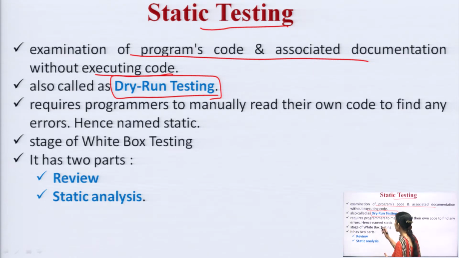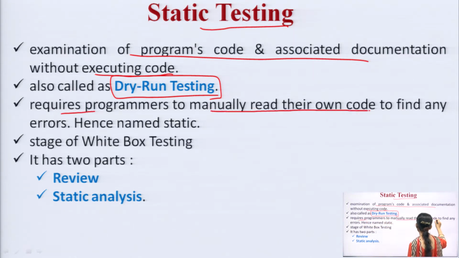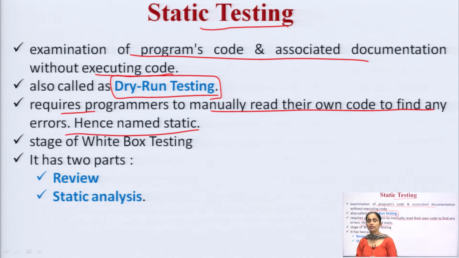This type of testing requires the programmers to manually read their own code to find errors. That is why the name static is given. They are just reading and analyzing their code, whether there can be any chances of errors or not.